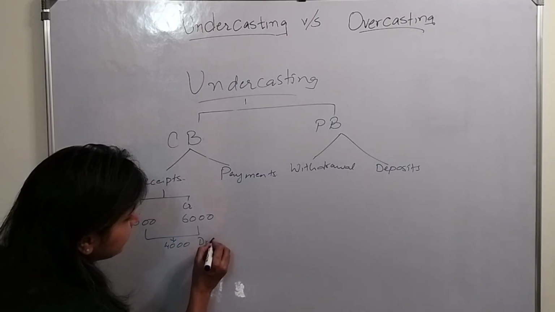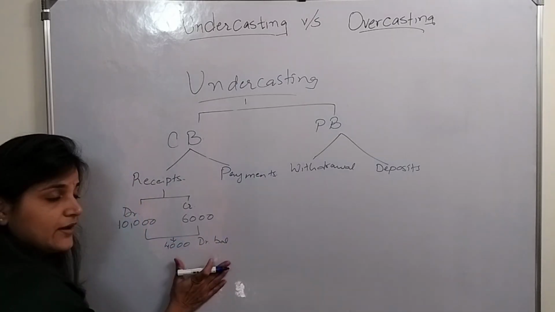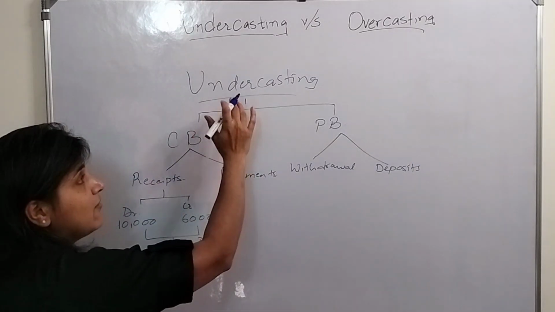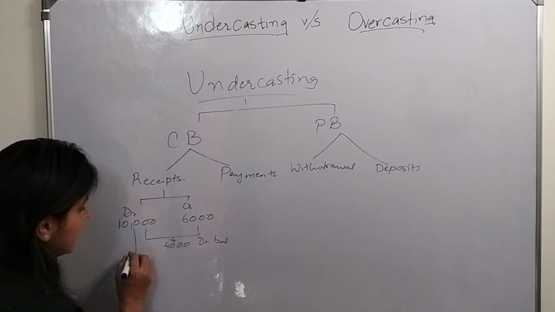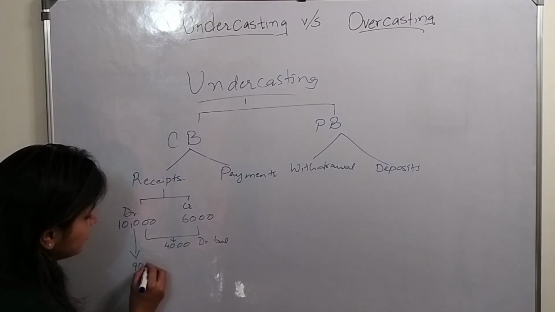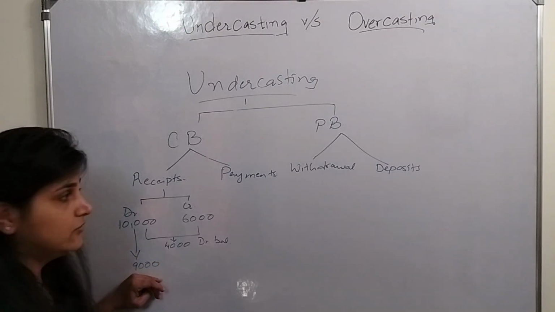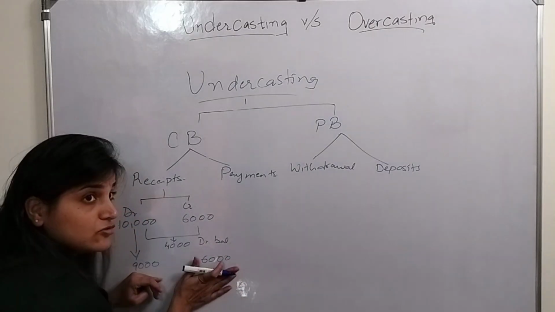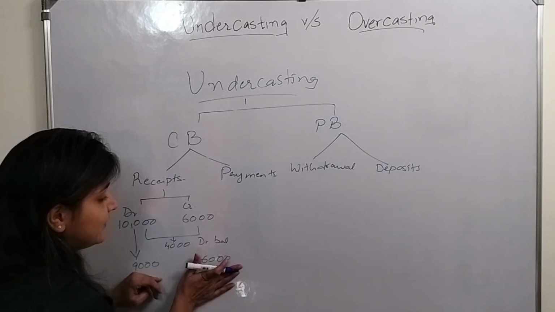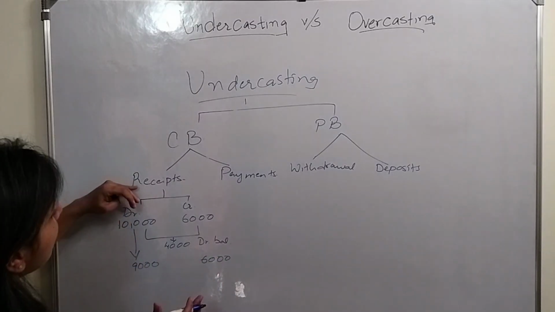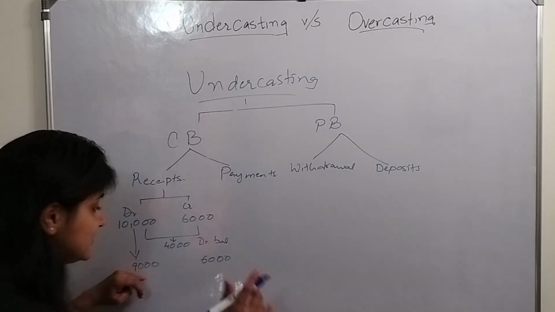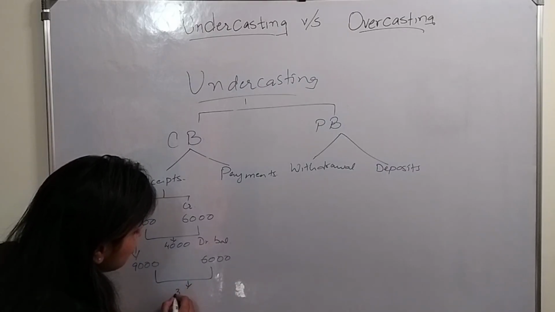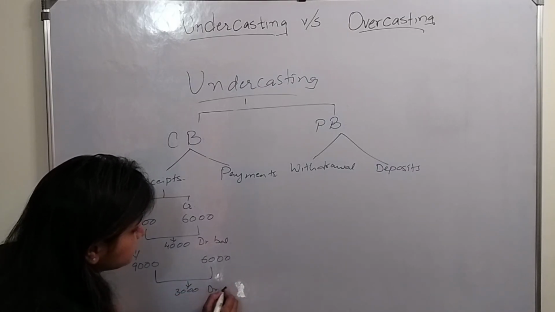This should be the answer. But instead of 10,000, I have undercasted an amount wherein I have considered on the receipt side 9,000. My payment side is 6,000, same, whereas on the receipt side I have calculated a less amount.